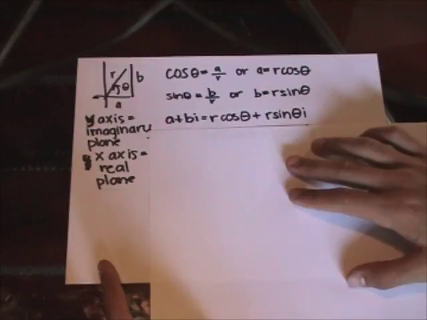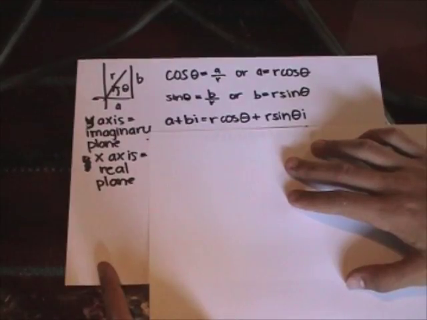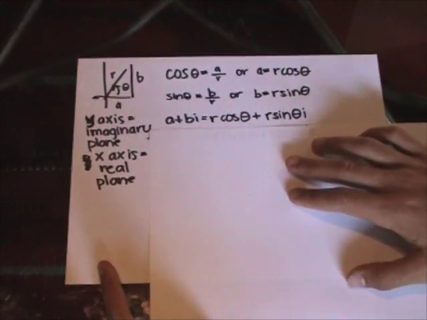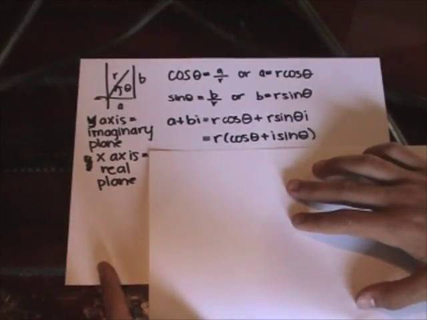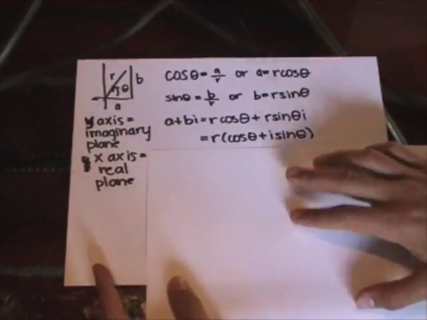Substituting these values for a and b into the a plus bi notation, we get a plus bi equals r cosine theta plus r sine theta i, which equals r(cosine theta plus i sine theta). This is trigonometric notation for complex numbers.